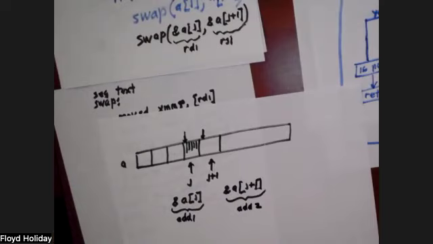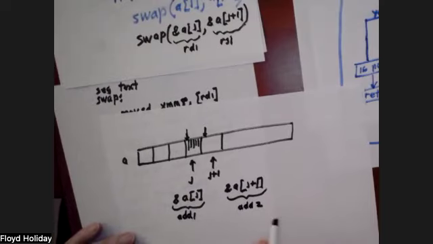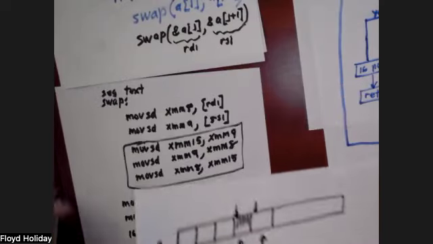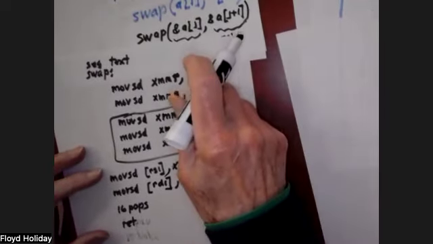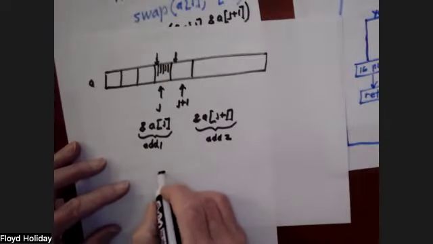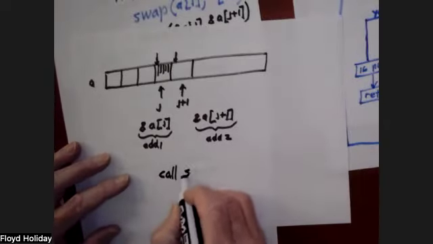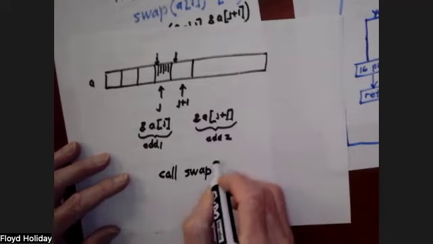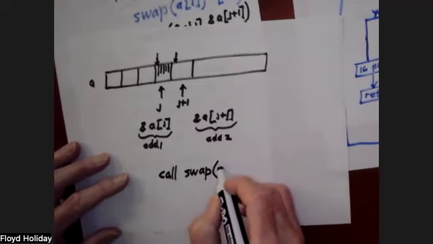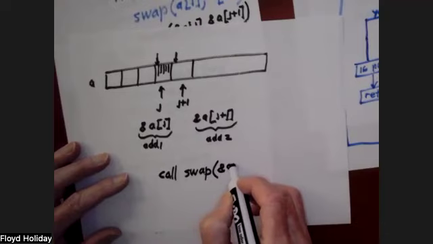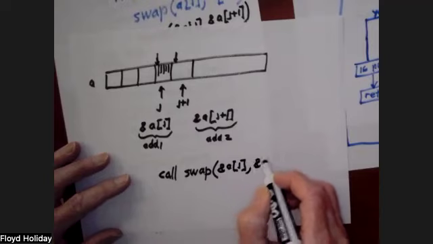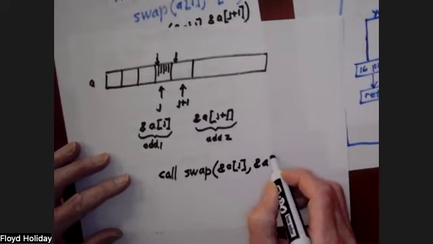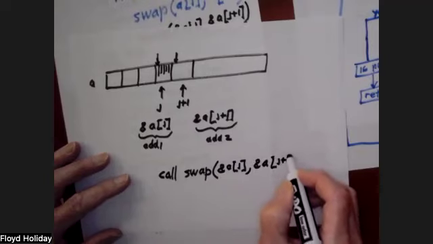These two addresses get passed to the swap function under the names of RDI and RSI. It came from a call here. Call swap ampersand AJ, ampersand AJ plus 1.